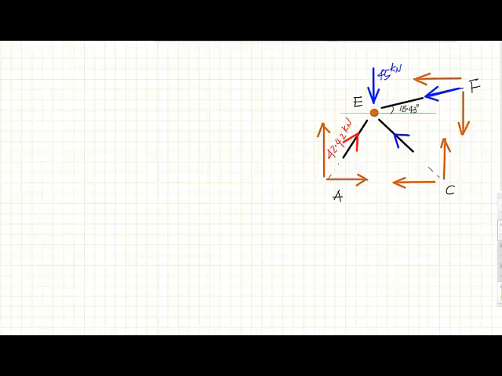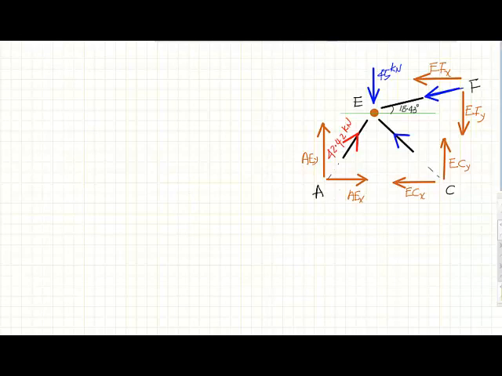So here we have EF X component, this is EF Y component, and this is EC Y component, this is EC X component, and this is AE X component, this is AE Y component.